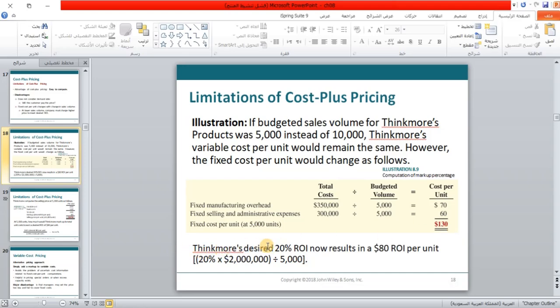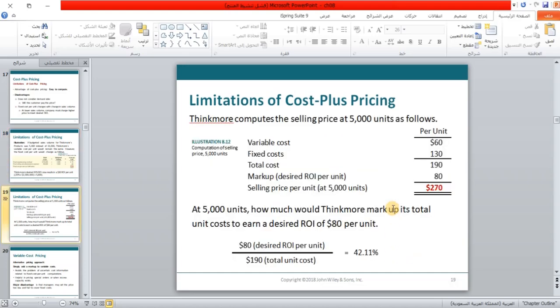In the same way, the 20% return on investment now results in an $80 return on investment per unit. Again, total cost $190, markup desired return on investments per unit $80, selling price per unit at 5,000 units is $270.